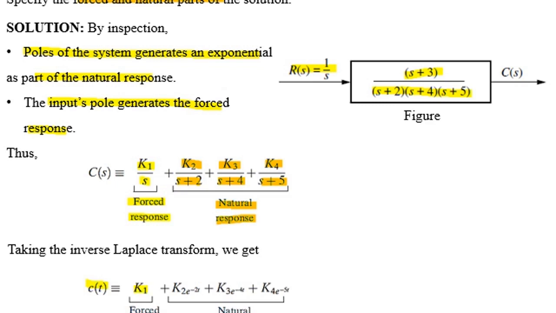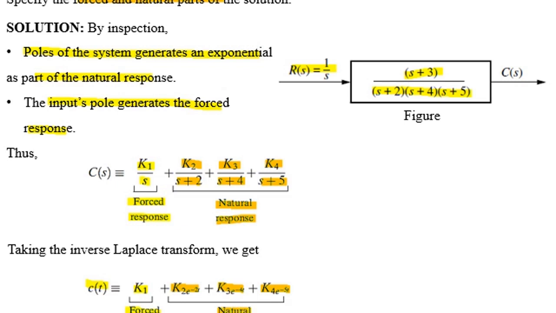Now taking inverse Laplace, we'll have C of t equals k1 plus k2 multiplied by exponential power minus 2t plus k3 multiplied by exponential power minus 4t plus k4 multiplied by exponential power minus 5t.